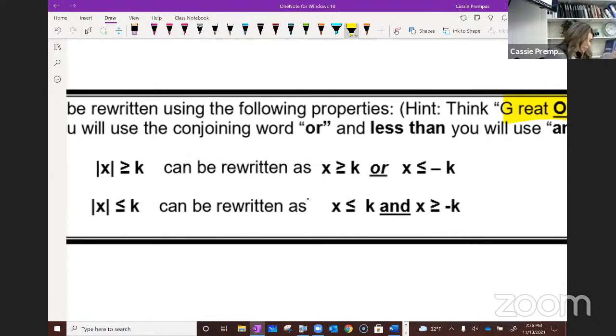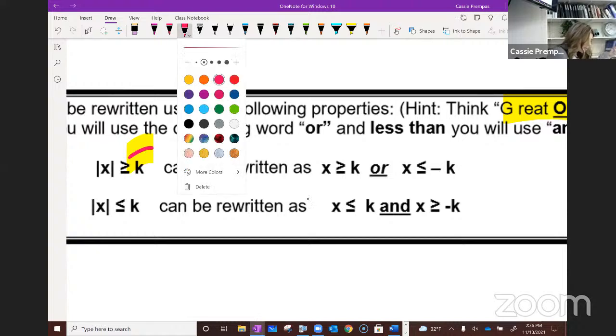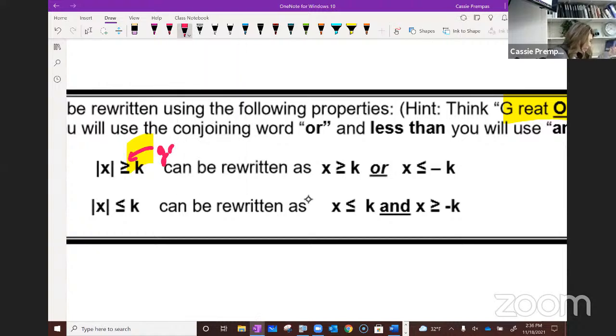You're going to notice that this one here is a greater than symbol. I would say X is greater than, and therefore there's an or in between the two. The next one is a less than symbol. I add the letter D to it to help me remember this is going to be an and situation. Other than that, it's exactly what we just saw.